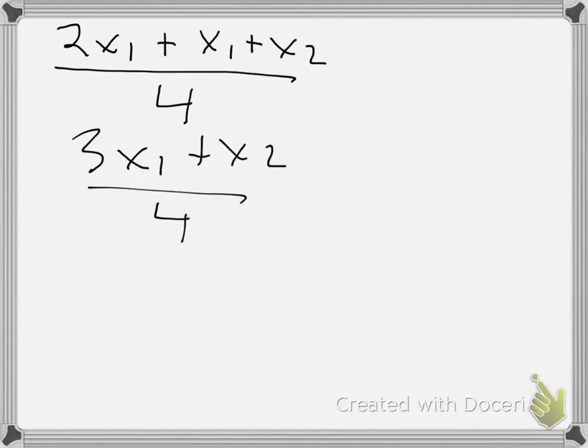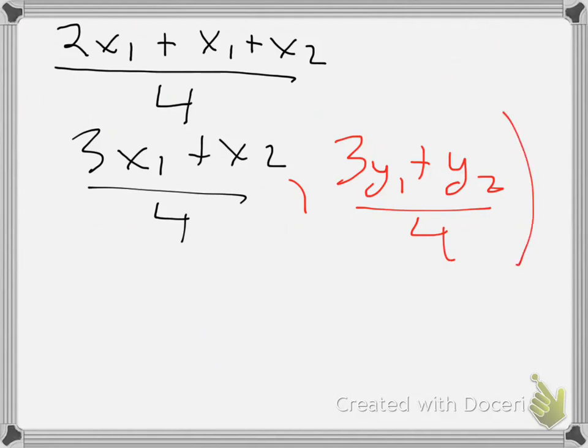And you could go through the exact same steps and you'll get the y values. You can try it yourself and you'll get 3y1 plus y2 over 4 when you do the same work, but you just change all the x's to y's. This is Q1. It's coordinate.